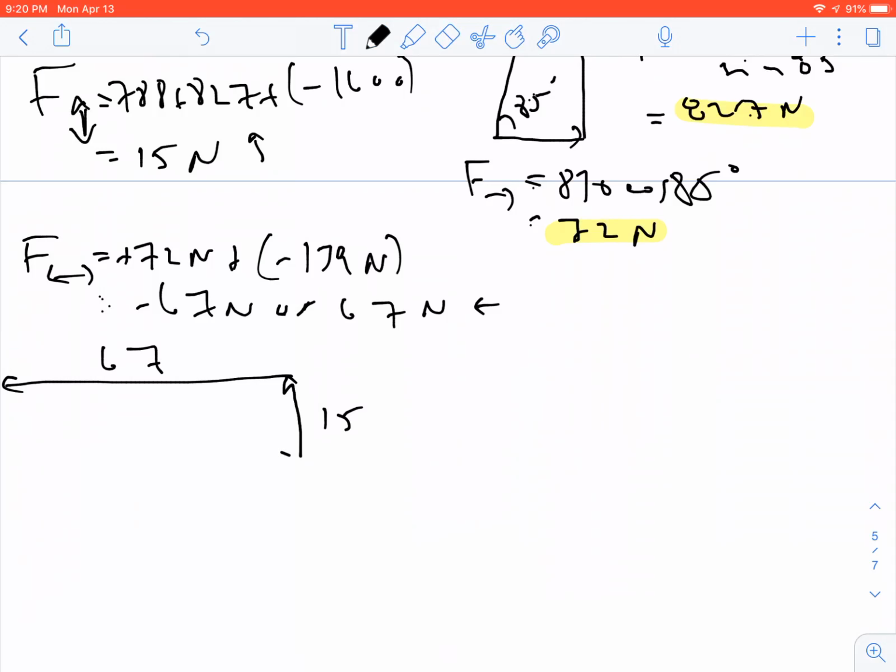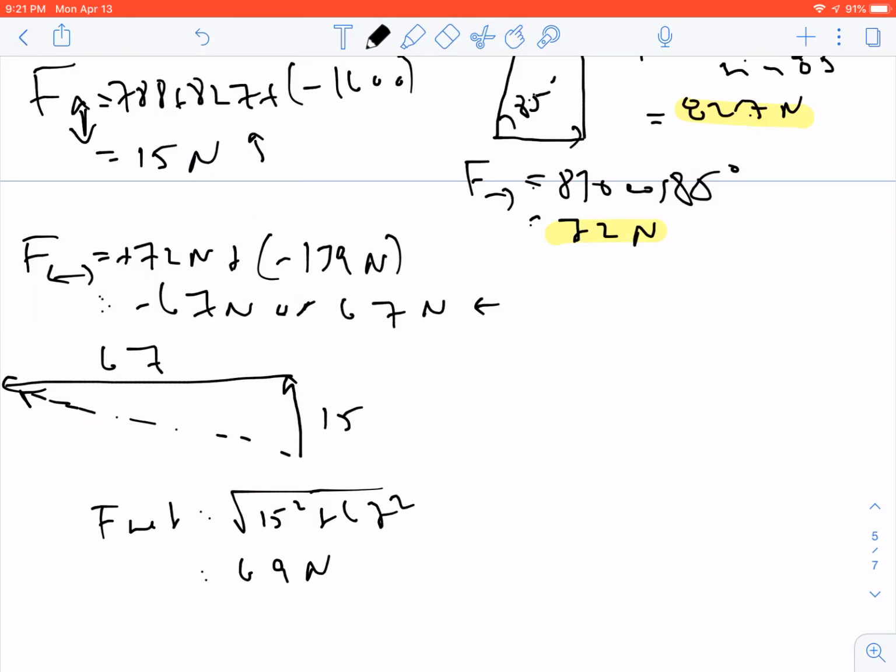So my net force is going to be the square root of 15 squared plus 67 squared, or 69 newtons.